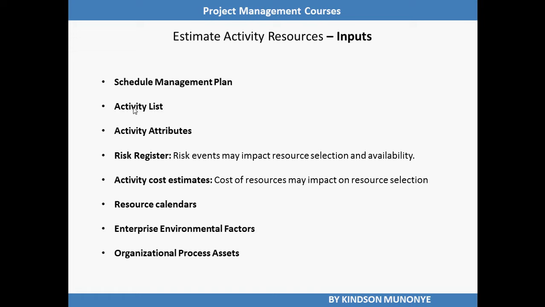Activity cost estimates. Cost of resources may impact resource selection. So you have 2 similar resources and one is so expensive, therefore you might go for a lower cost based on the cost baseline. So what it means, we need the cost estimate for us to be able to estimate activity resources.